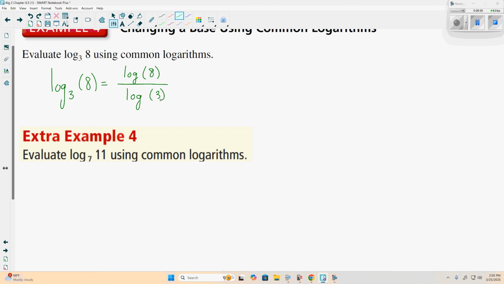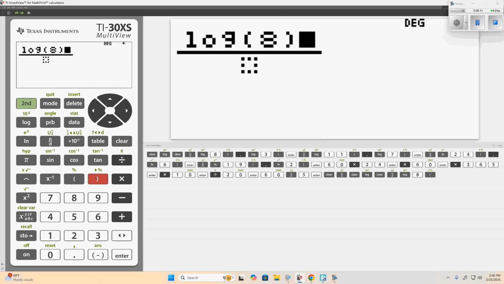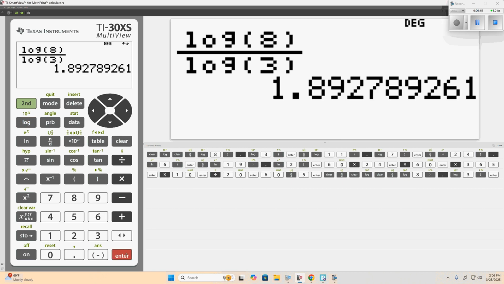And that's the change of base. And the reason this is nice is because now we can grab the yellow calculator, the 30xs, hit the fractions key, and say log of 8 over log of 3. And so that's the answer, 1.892789, or 1.8928.